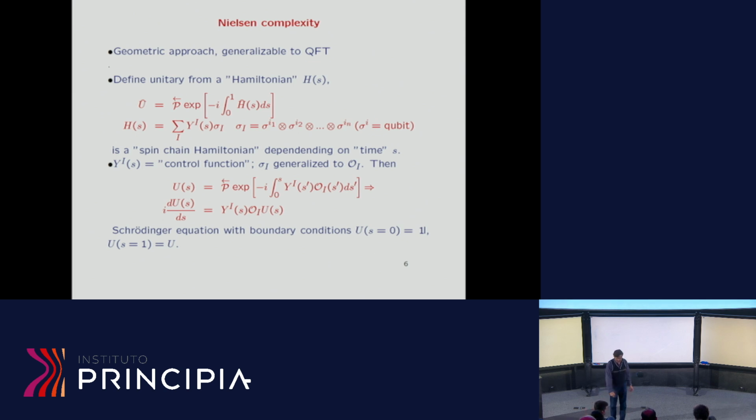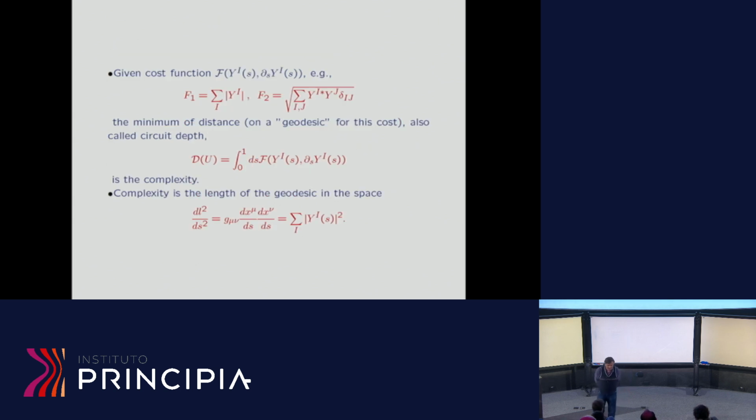Okay, let's get to the next part. So there is, in general, something that needs to be minimized. One considers something called a cost function, something that depends on the parameters that multiply the Hamiltonian. This is minimized and integrated from 0 to 1. And the minimum of this distance, quote unquote, is the complexity.